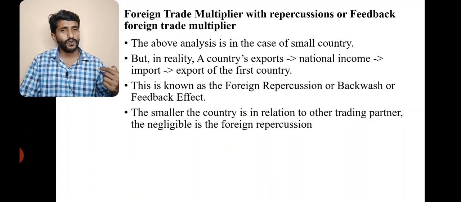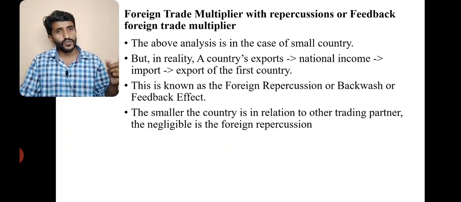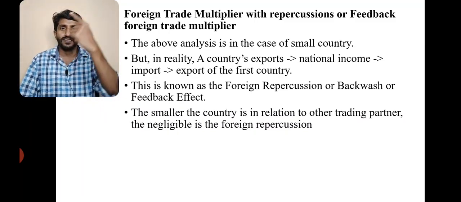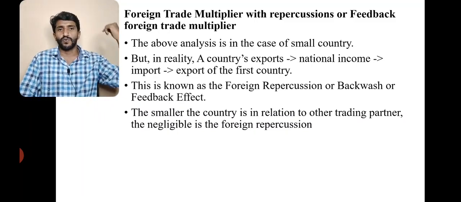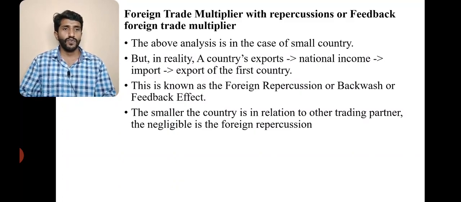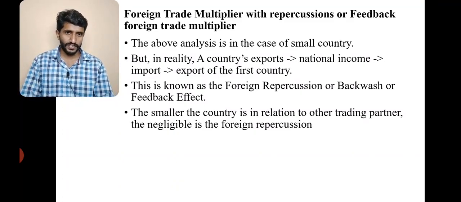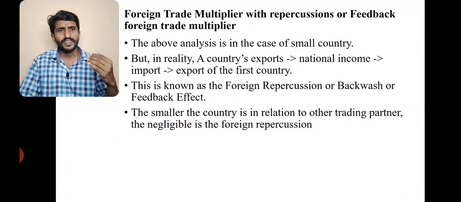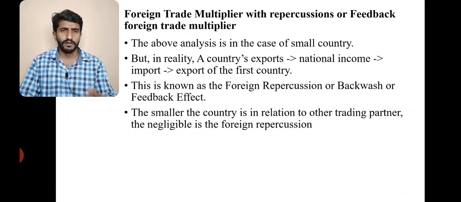One country's export will not only affect its own income, but it will affect other countries' income and other countries' export and imports. This is known as foreign repercussion or backwash effect or feedback effect. The smaller the country is in relation to other trading partners, the more negligible are the foreign repercussions.